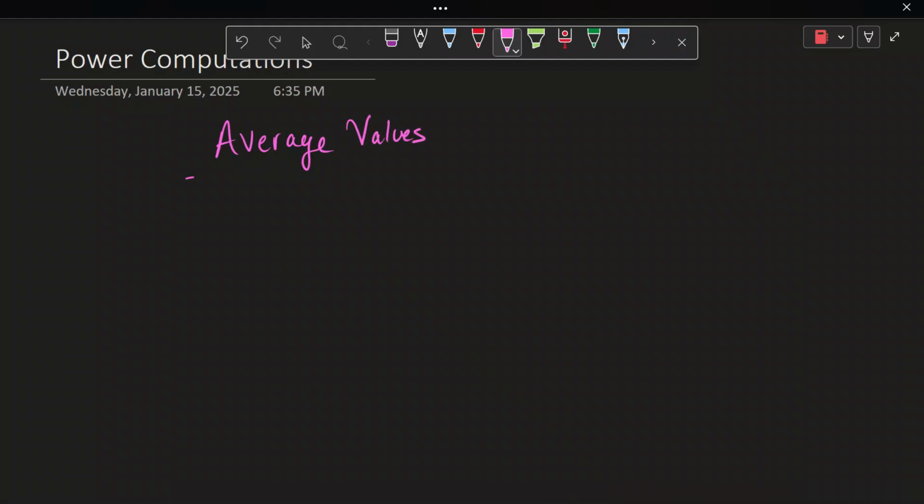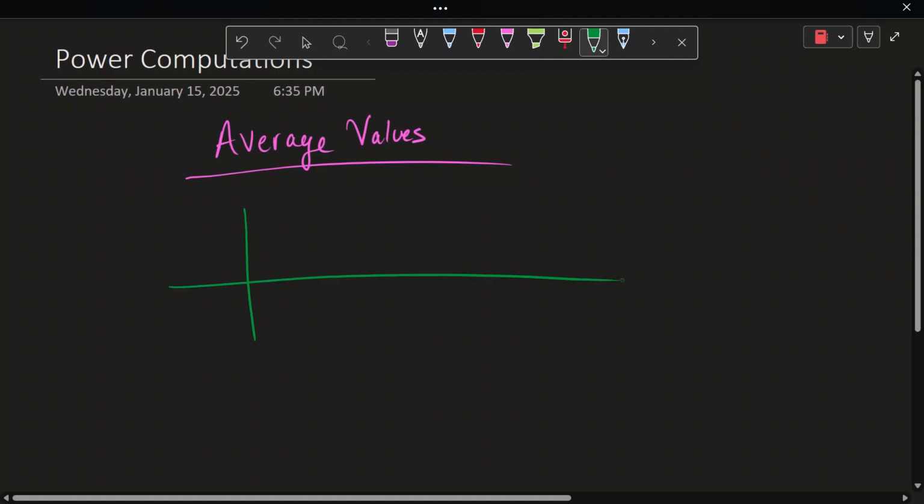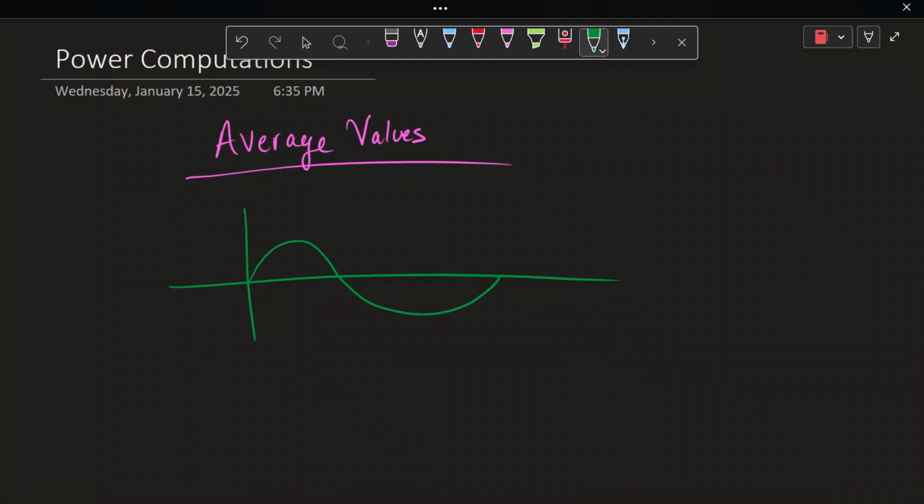One thing we have to know about average values is, what is an average value? Well, if you know a sinusoid, and I'm only going with sinusoids for now, imagine this was periodic. This is a period T. This is T over 2, 0 here.